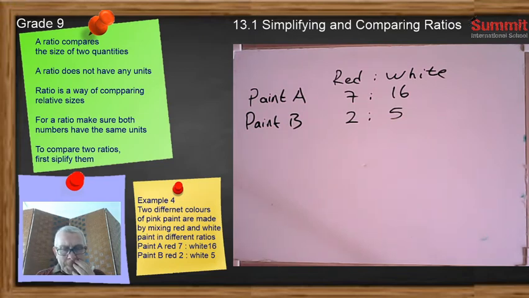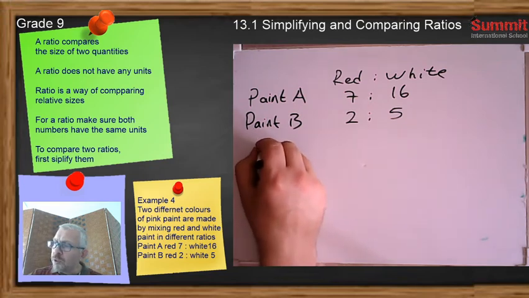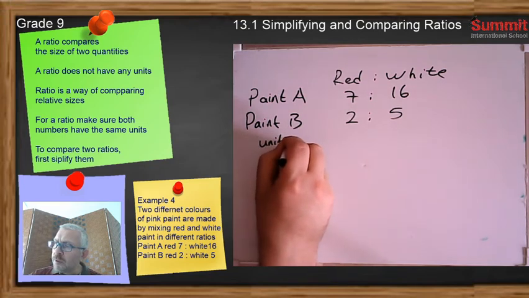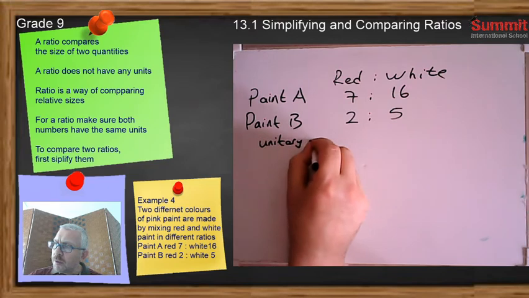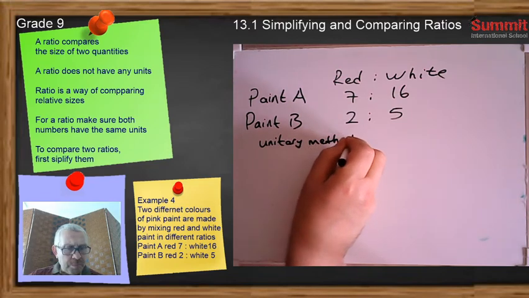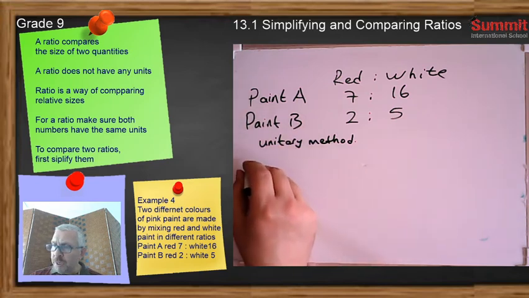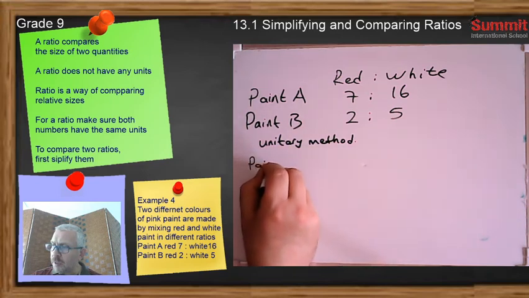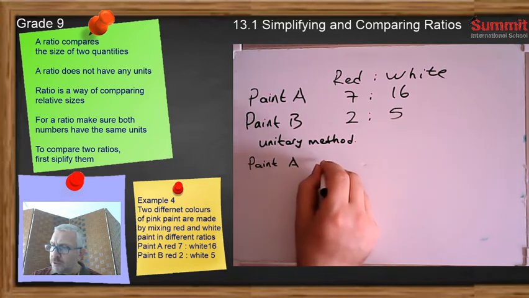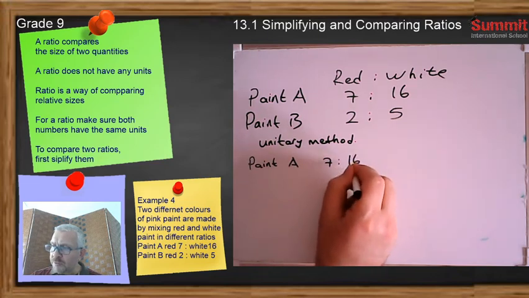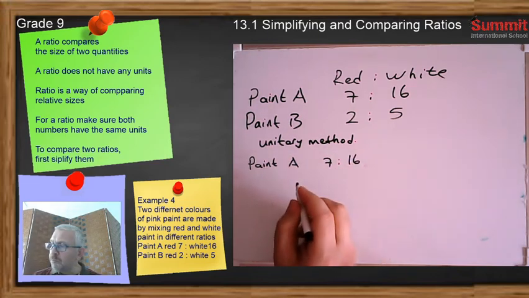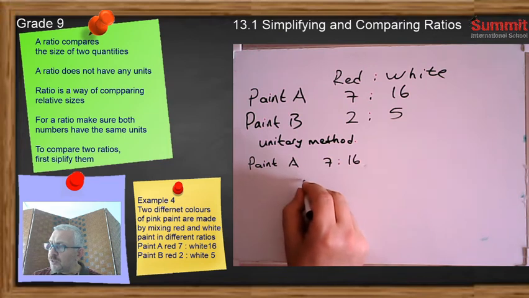Now here we are going to use the unitary method. For the unitary method, we are going to do it in this form. For paint A, 7 and 16. Both sides we are going to divide by 16.